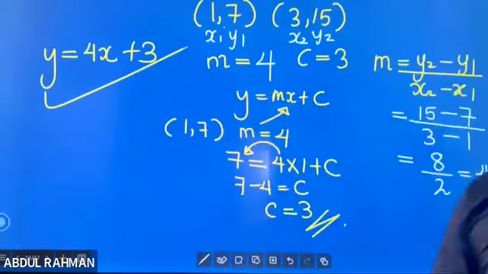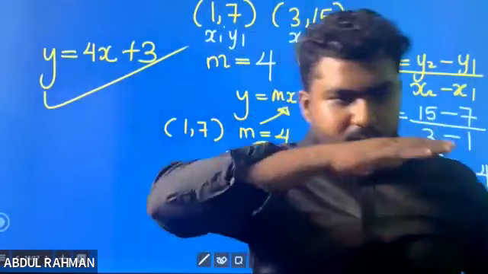We are done with the main theory. Now we are coming into the graph. Straight line graph is done.